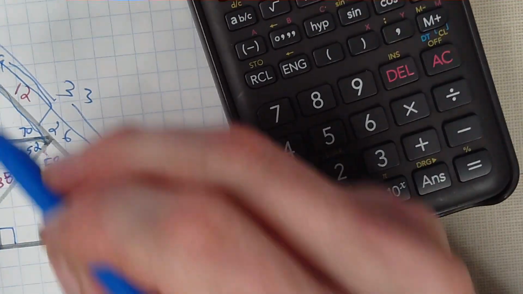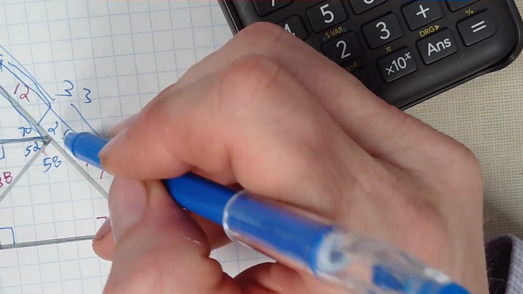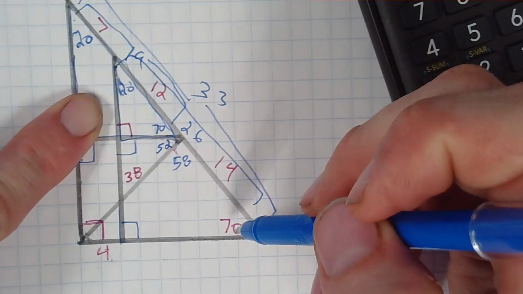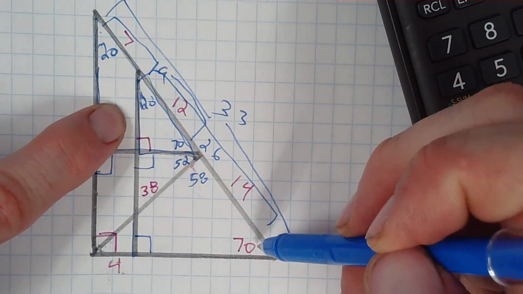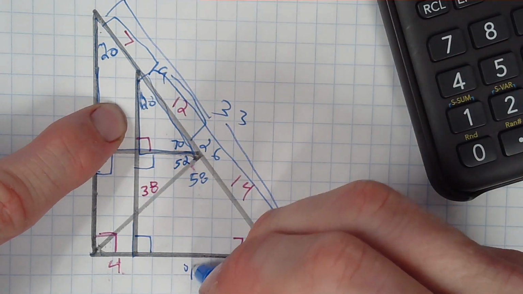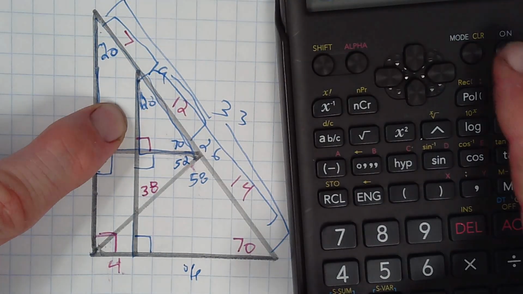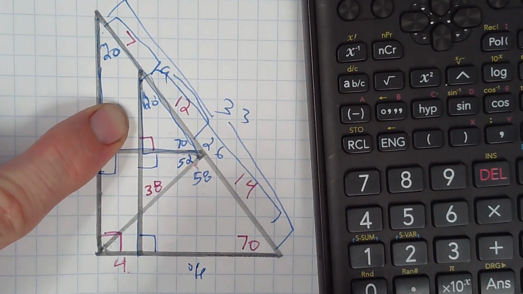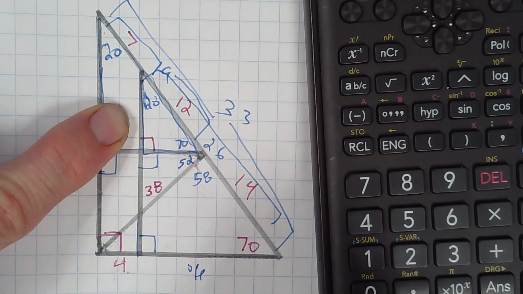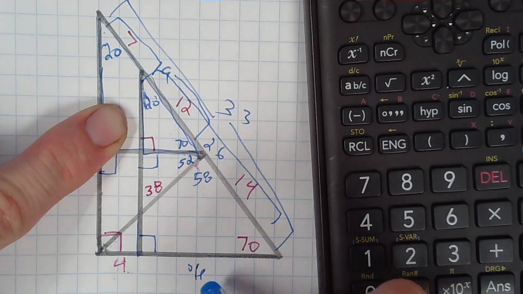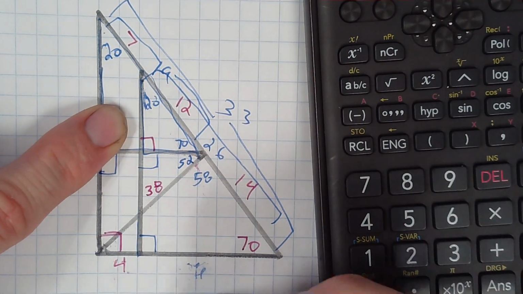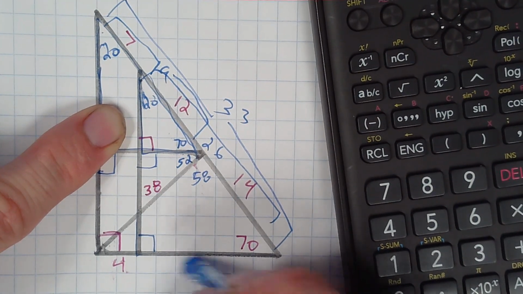Okay, so if I want to figure out this length here, this is the opposite. You can't see it. So this is opposite over hypotenuse, so that's going to be the sine. So the sine of 20 equals, do I even know that? I don't remember, I'm going to erase it and say that I don't know it.